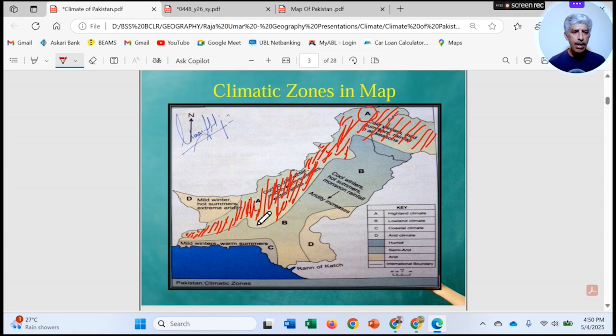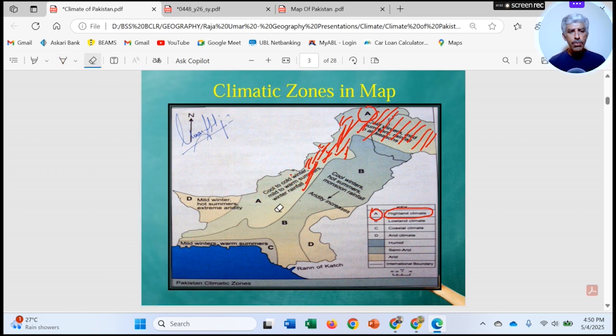This whole shaded area has the climate we call the highland climate. In the key you can see that the highland climate is mentioned for A, and this whole region has mountains as a major part of its topographical features.